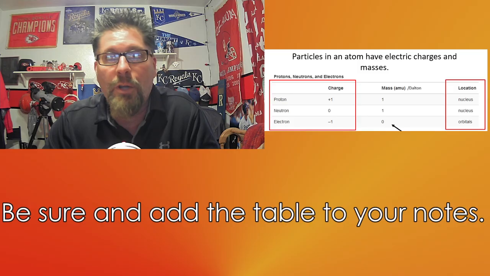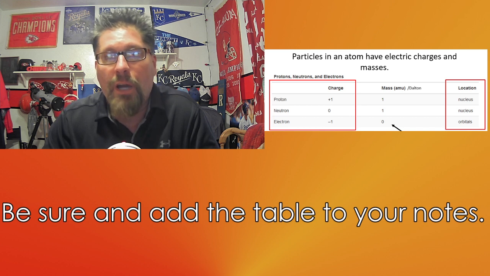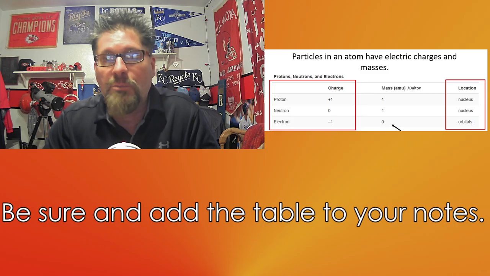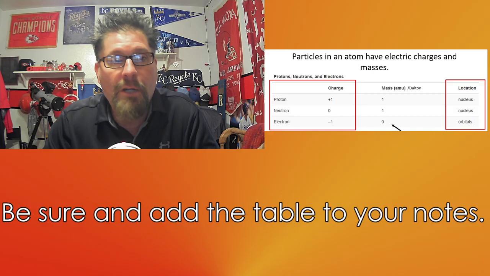The peas would add so little mass to the overall structure if the elephants were the protons and neutrons and the peas were the electrons. You wouldn't even consider them as far as the weight. And it's the same thing with electrons. They're so much smaller in mass that they do not add anything. So they get a 0 for the mass, and those numbers make up the atomic mass number, which we're going to talk about soon.